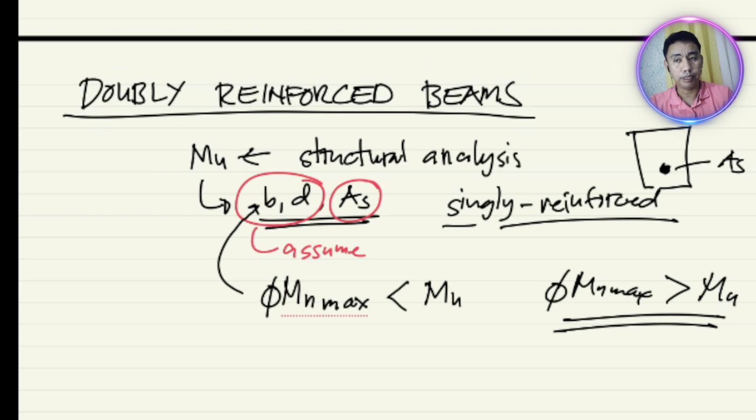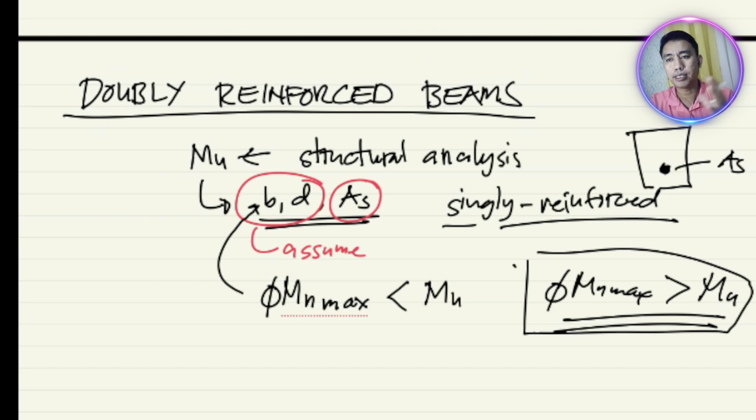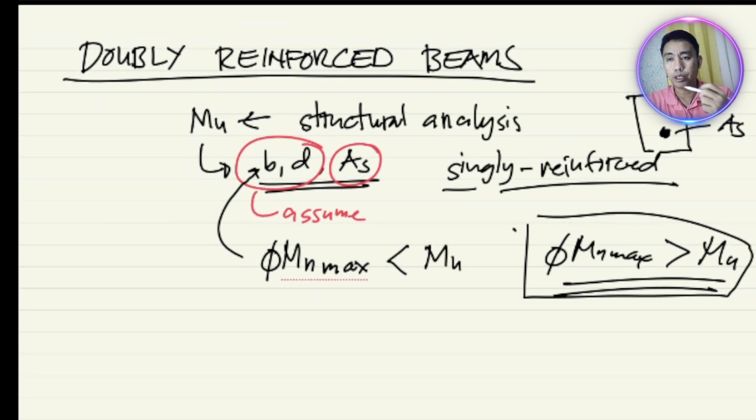Then we say it's okay now. So we keep on iterating until we can satisfy this equation that the capacity of the section is greater than the actual moment. So hanggang dun, ito ang approach ng singly reinforced when you are designing a section for a specific MU.